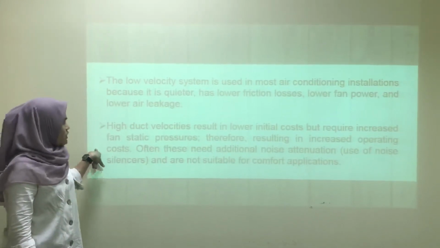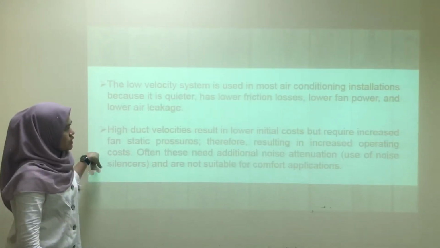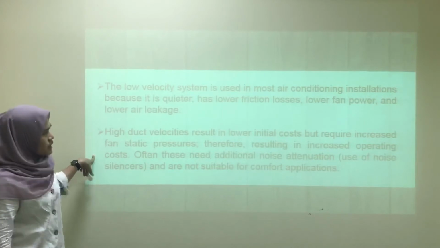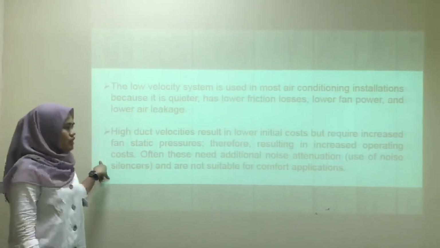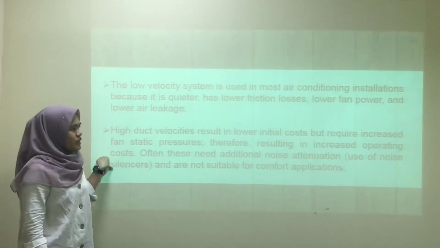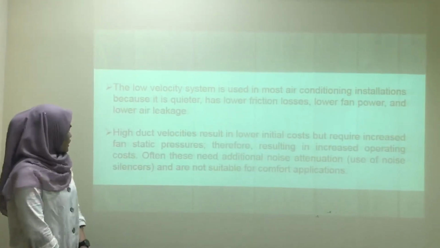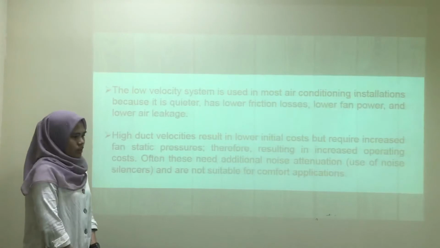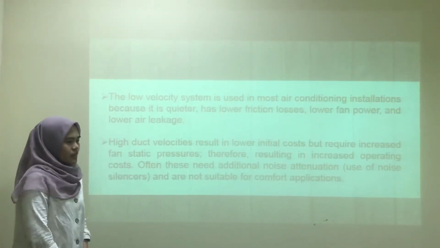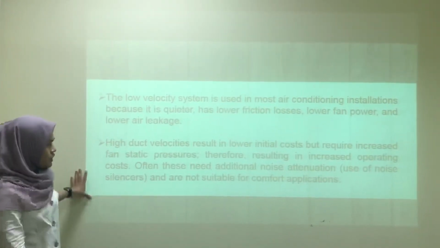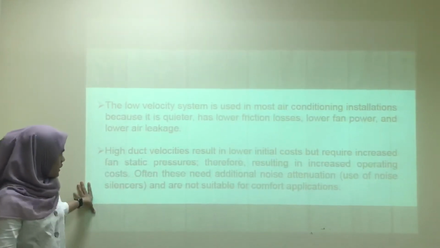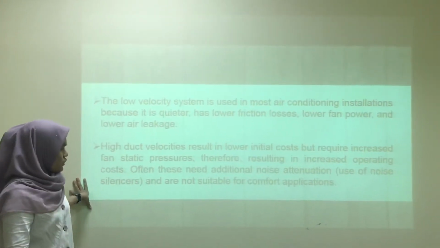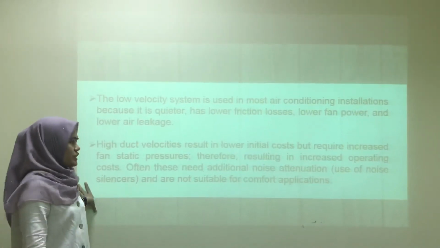High duct velocity results in low initial cost but requires increased fan static pressure, therefore resulting in increased operating cost. It requires noise attenuation, use of silencers, and is not suitable for comfort applications.